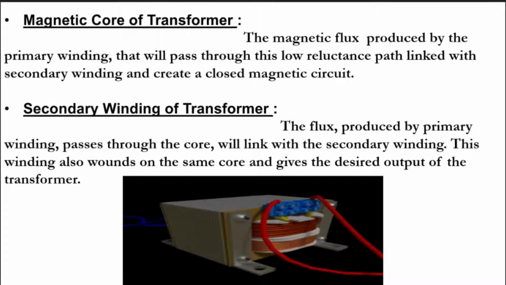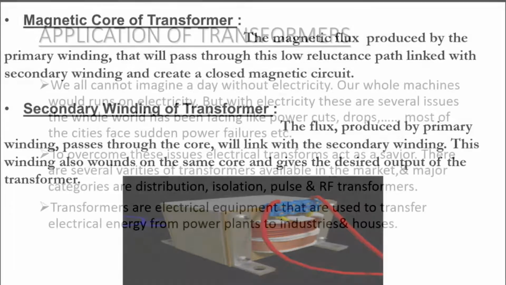Magnetic core of transformer: the magnetic flux produced by the primary winding passes through this low reluctance path, links with the secondary winding, and creates a closed magnetic circuit. Secondary winding of a transformer: the flux produced by the primary winding passes through the core and links with the secondary winding. This winding is also wound on the same core and gives the desired output of the transformer.